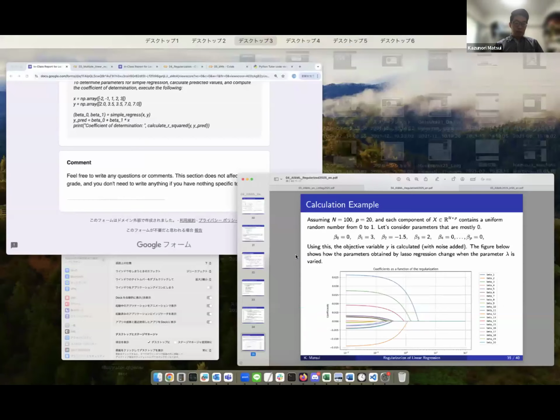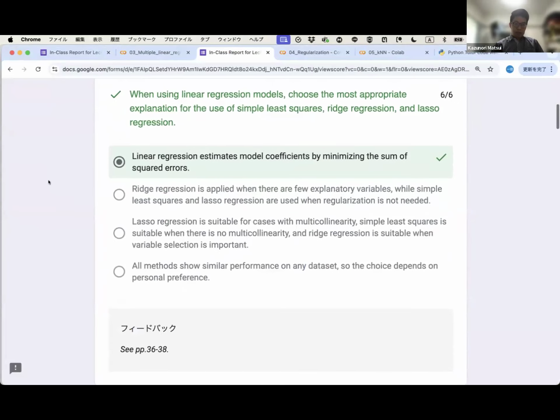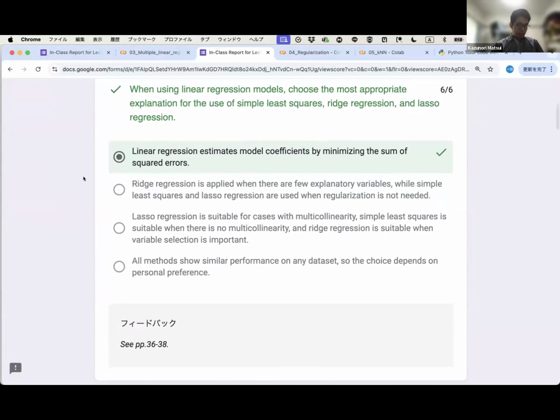Okay, let's examine the problem. In the class report for lecture 4, first, it's correct: linear regression estimates model coefficients by minimizing the sum of squared errors.